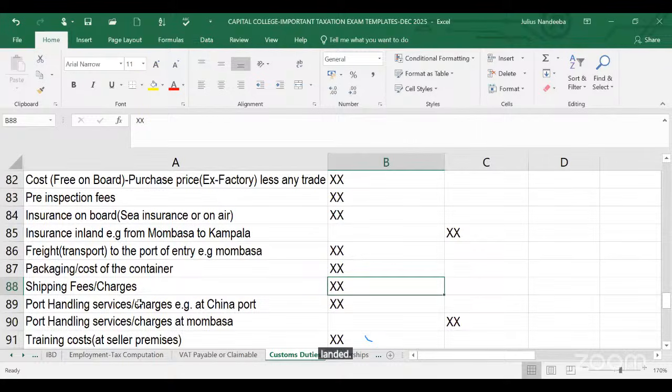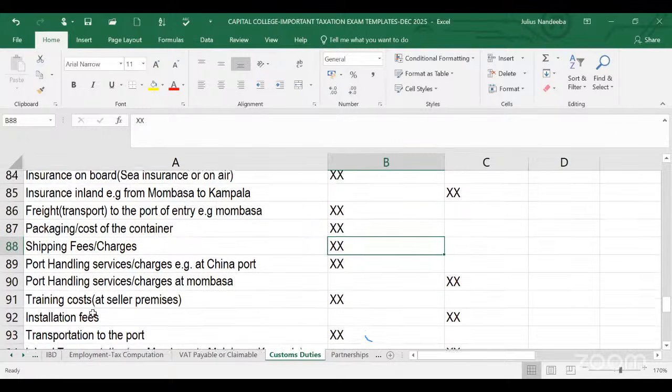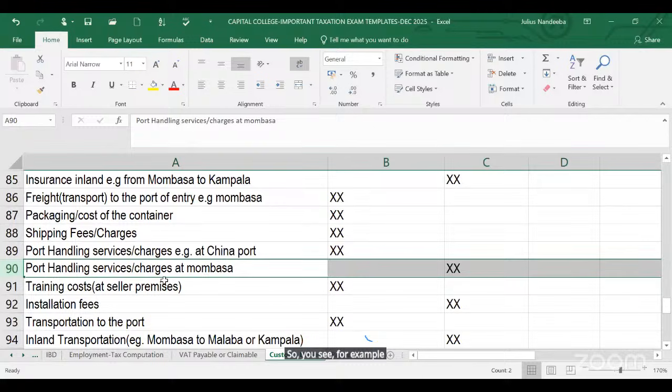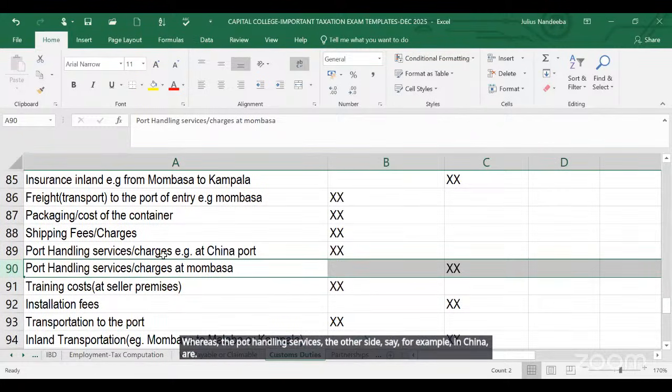So we are talking about the ports, the other side. So you see, for example, port handling services at Mombasa cannot be included, whereas the port handling services, the other side, say for example in China, are included.